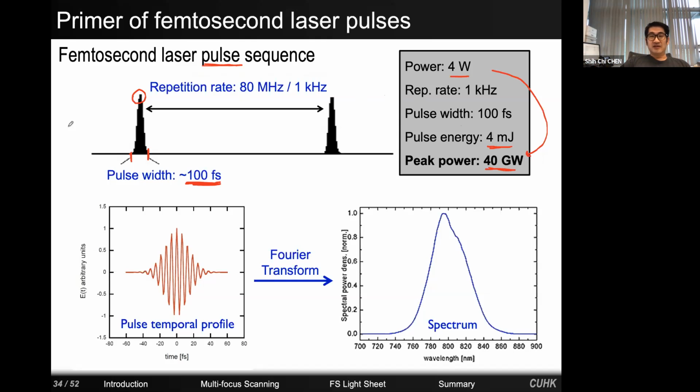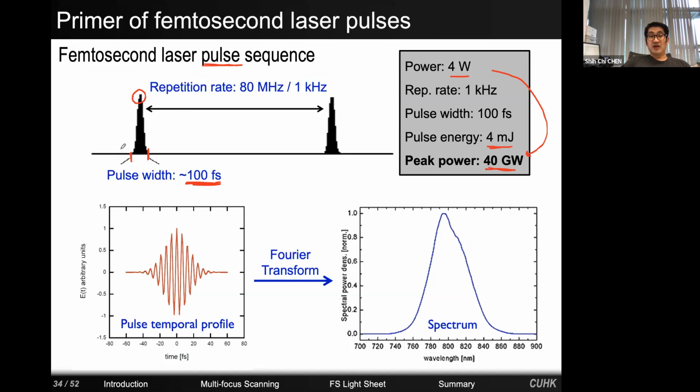But if you consider the Fourier transform of an impulse, it will give you an infinite spectrum, right? So for a typical laser of specific wavelength, the spectrum is very, very narrow, like 0.1 or 0.01 nanometers.